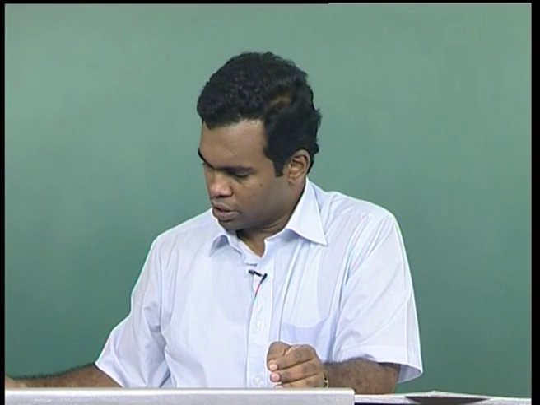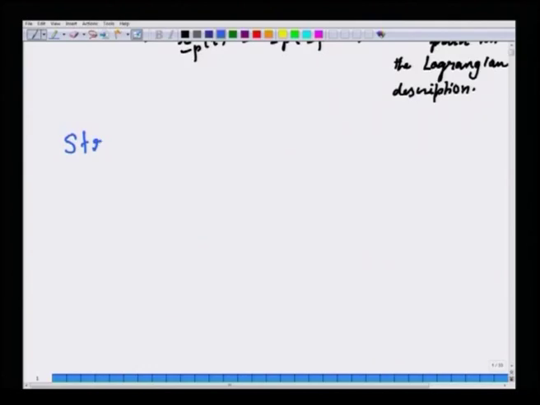Another useful concept is what is called the streak line. The streak line is obtained by continuously injecting material at a given spatial location. Let us say you are locating a spatial location by a position x 0.